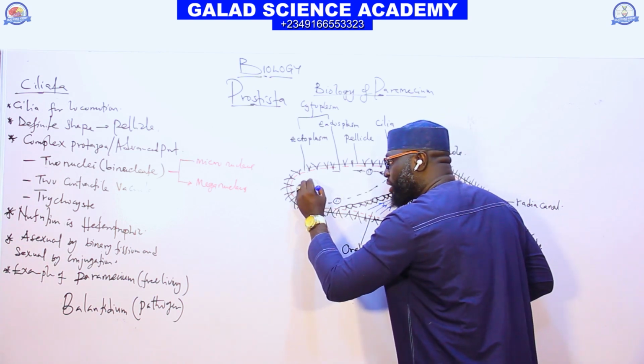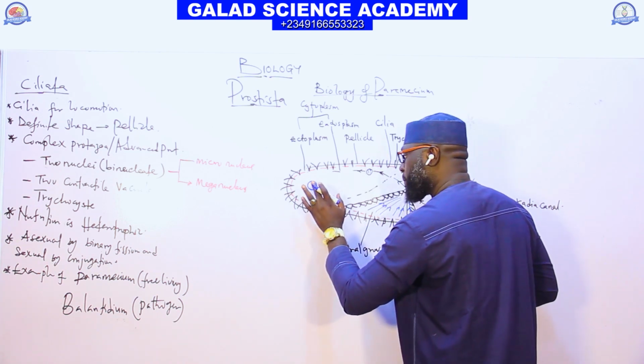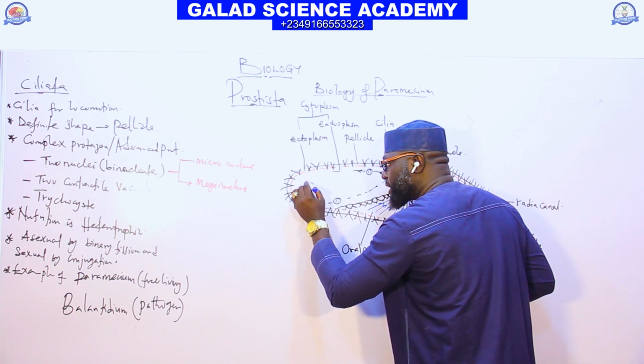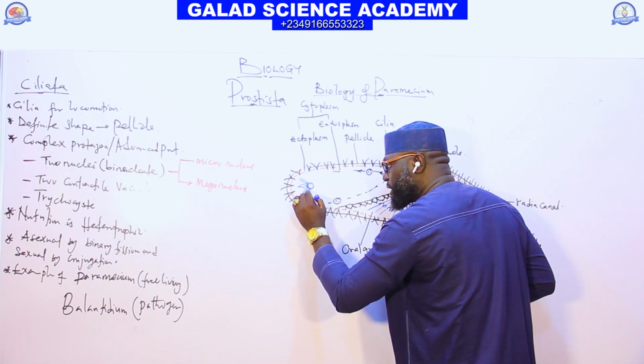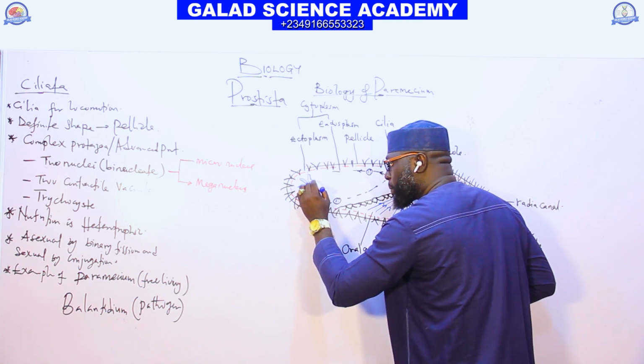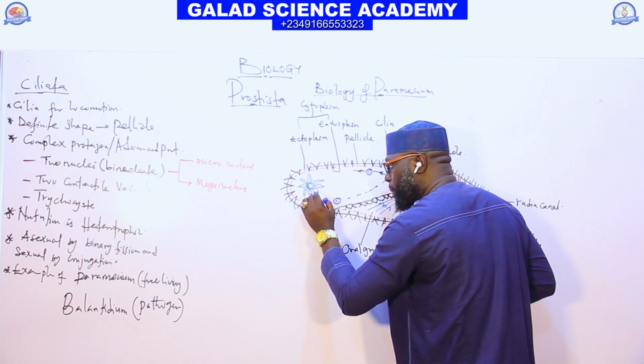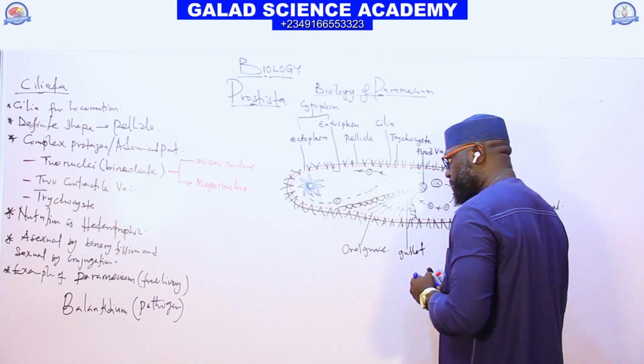And we also have another contractile vacuole here. We have a circular canal at the center, surrounded with radial canals.